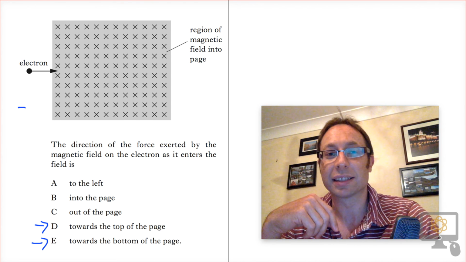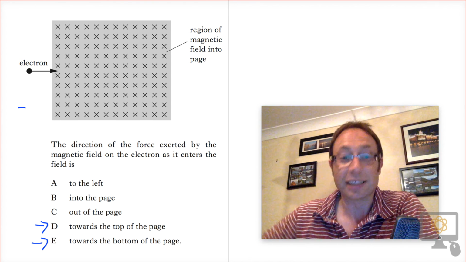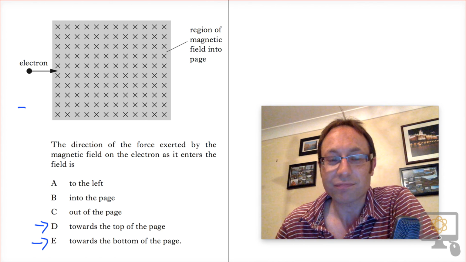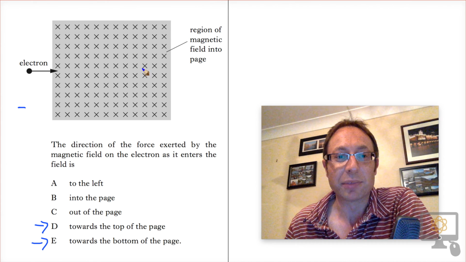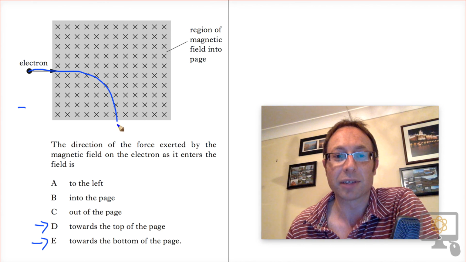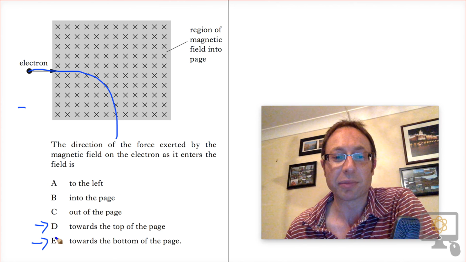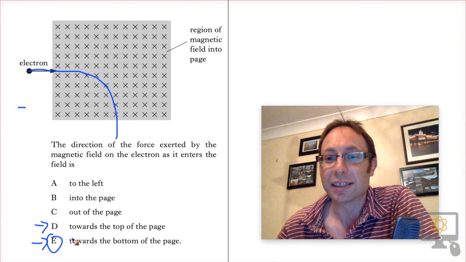But this is not a positive charge, this is an electron, and so therefore the electron will experience a force downward and not upwards. So downward force means it will curve downward toward the bottom of the page, and so our answer is E.